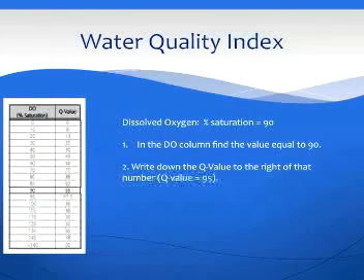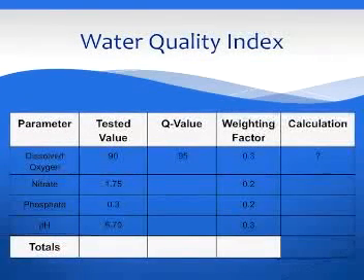It corresponds to a Q value of 95. That's an A, that's really good. So we can go over to our chart, put a 95 in our Q value section, and then we want to multiply that by the weighting factor. We get 28.5. Now, when all these are added up in the end, we'll get a grade out of 100. So 28.5 is the contribution from dissolved oxygen.